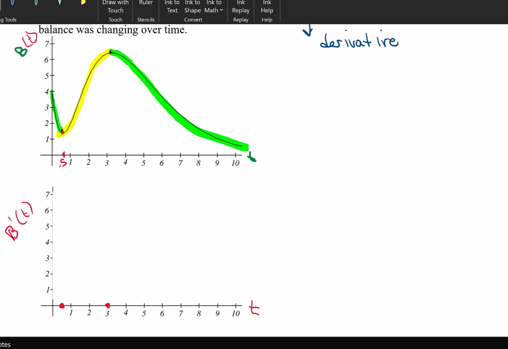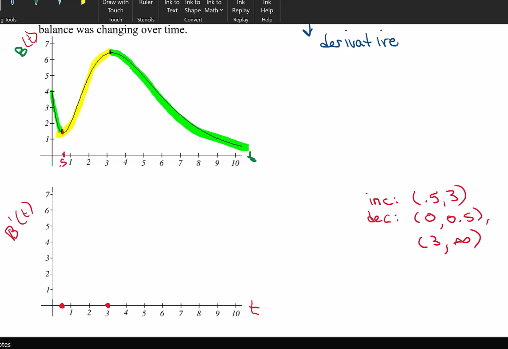So let's write this over here. It's increasing from 0.5 to 3. It's decreasing from 0 to 0.5 and from 3 to infinity.